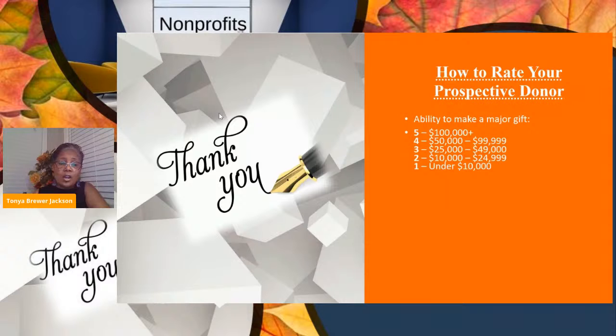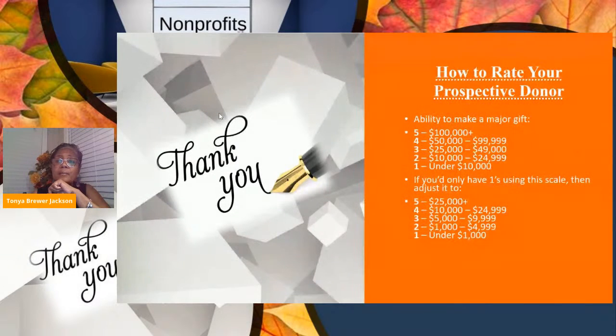If you're using this chart right here, you can rate your donor and you give them two numbers. So basically, if you want to look at your donors in terms of capacity, I'm going to put it all up here.